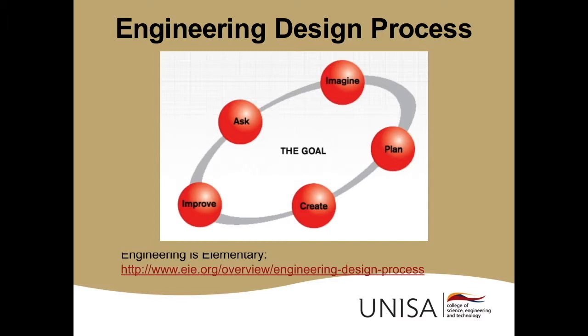What it has in common with all other engineering design processes is that it is a loop in which you work. In the center you see the goal, and the steps to achieve the goal are to ask, imagine, plan, create, and then improve. And you might have to repeat some of these steps depending on the success of your design.